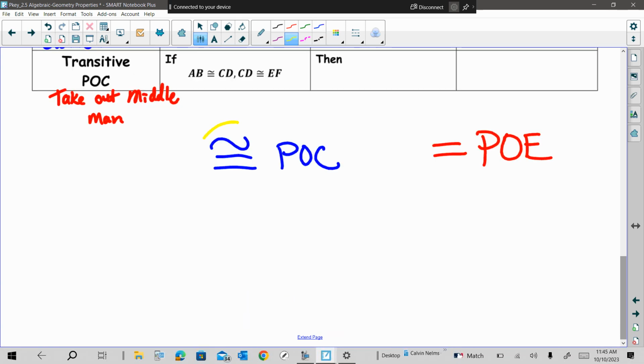If you see this symbol, that's the congruency symbol, then you have to say POC, not POE. If you see the equal sign, then you can say property of equality. So pay attention to your signs to pick the right property. Congruency goes with POC, equal goes with POE. Just add those two facts.